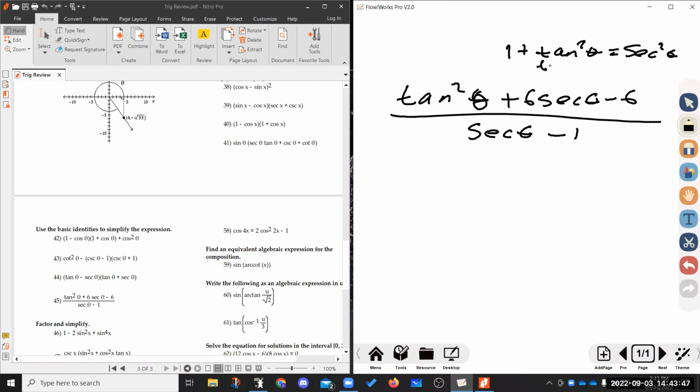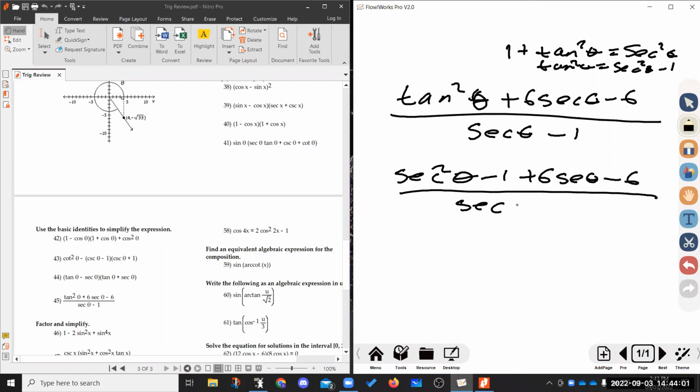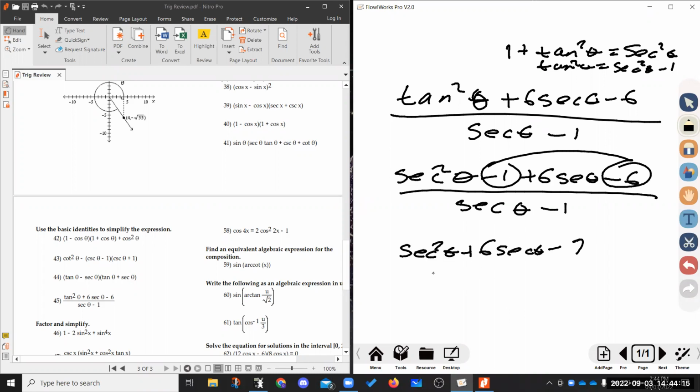So tangent squared is going to be equal to secant squared minus 1. So we're going to replace that tangent squared with secant squared minus 1 plus 6 secant theta minus 6 over secant theta minus 1. Going to combine our like terms of -1 and -6 to make a -7. 6 secant theta is in the middle. Secant squared is the first term.